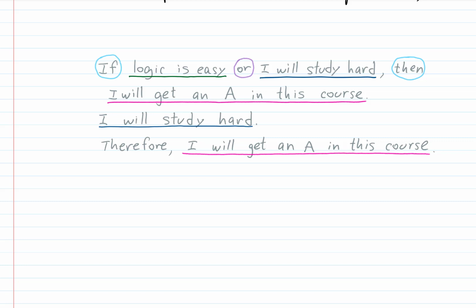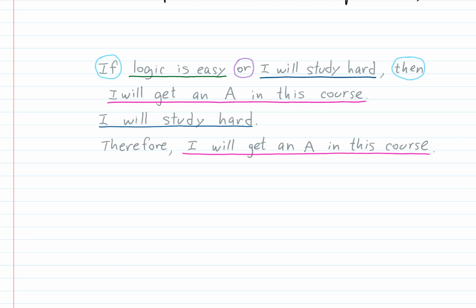Now, we can use symbols to represent the form of this argument. What I'm trying to say is, if you wanted to just study the logical form of the argument and not worry about the actual words, then we can do that.